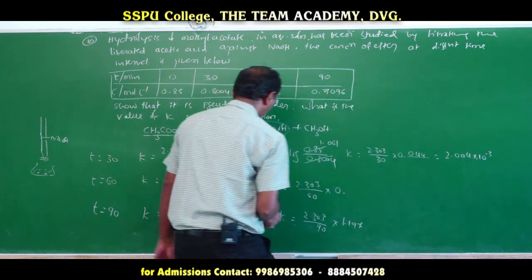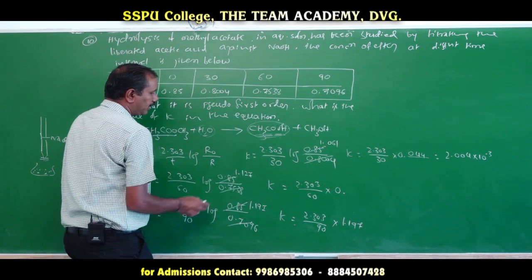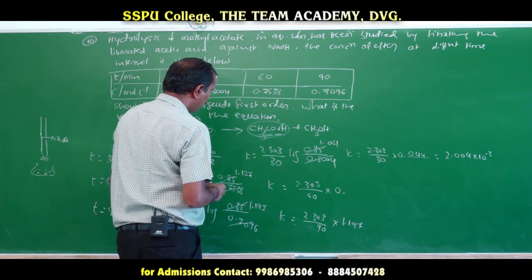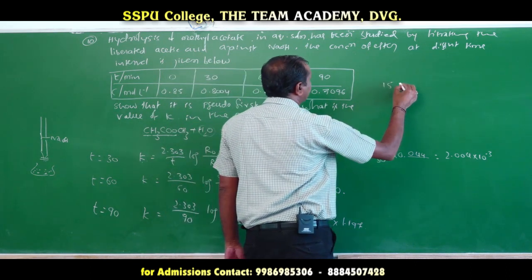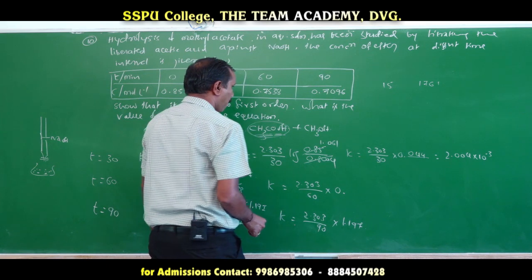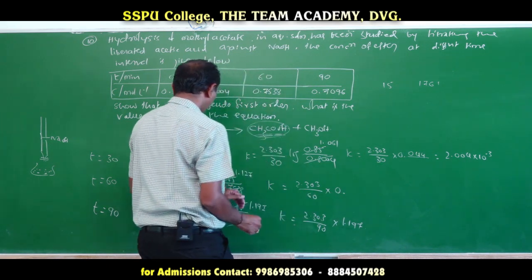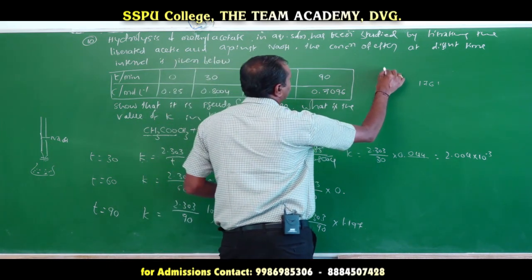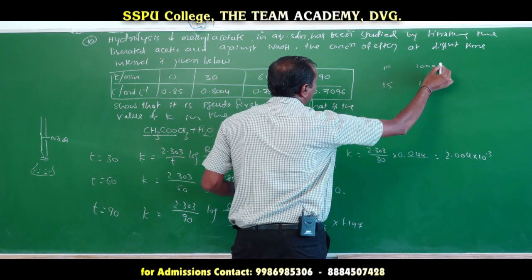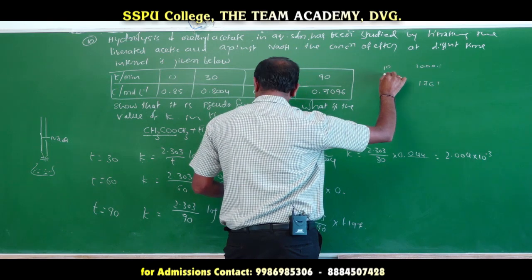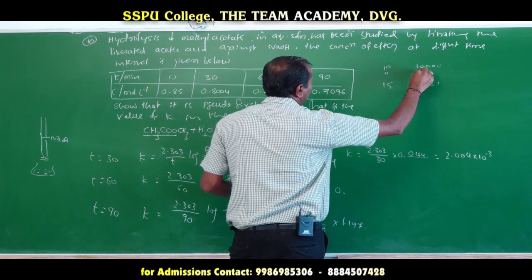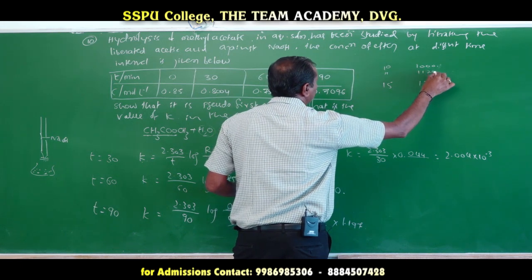Then 11 under 26, that value. So the log of 1.127 is 15 under 1761, and 10 under 0 is 0. 11 under 2 means nearly 1120.